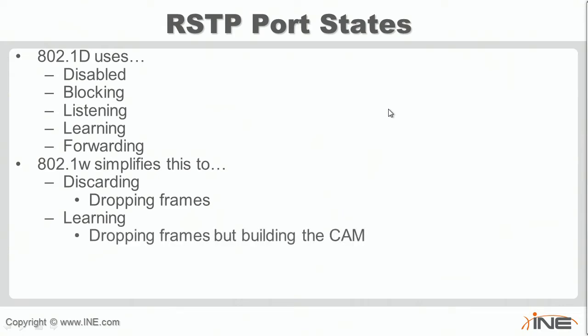We're still dropping frames, but we're building the MAC address table. This is the combination of the listening and learning phases, so they're collapsed into just one, where we're trying to learn the topology. Then the third is when we're forwarding traffic. So we're taking these 5 and combining them into just 3. Either we're dropping traffic, so we're discarding, we're learning the network, or we're forwarding the traffic.